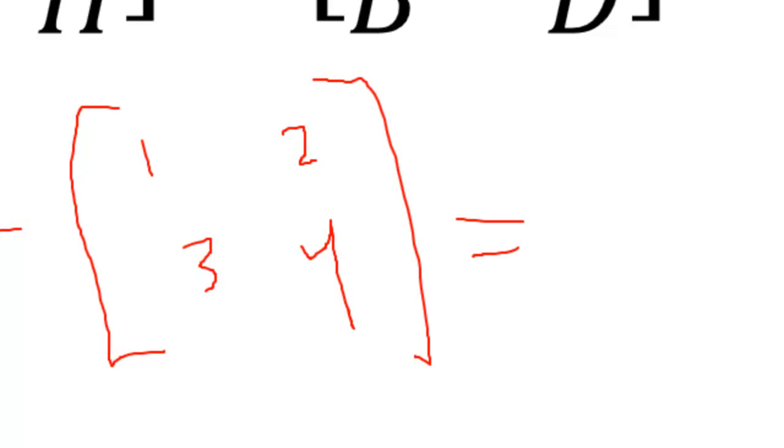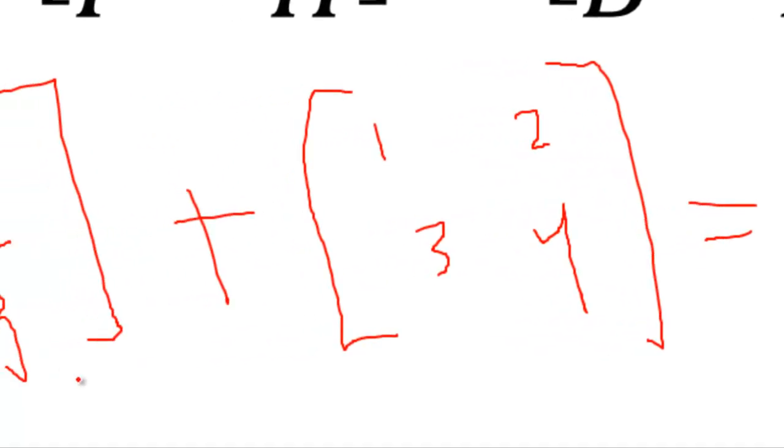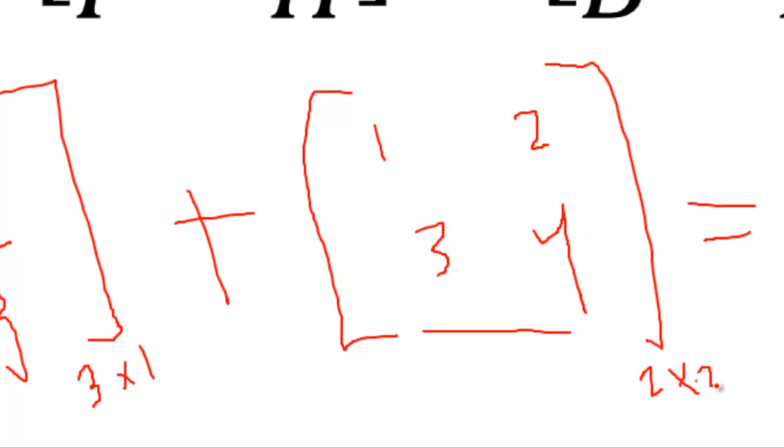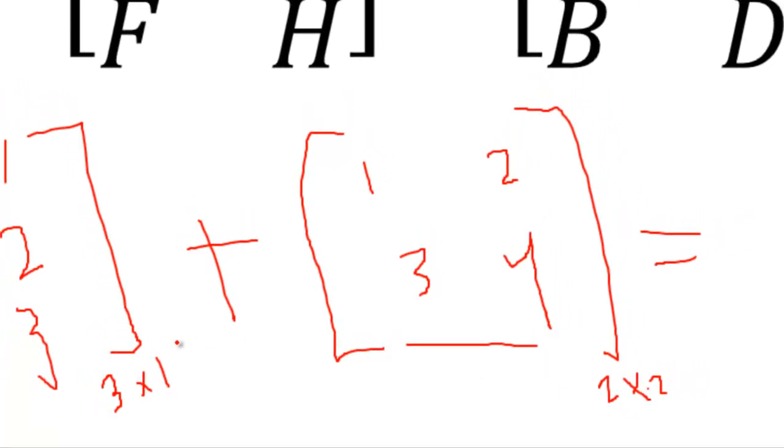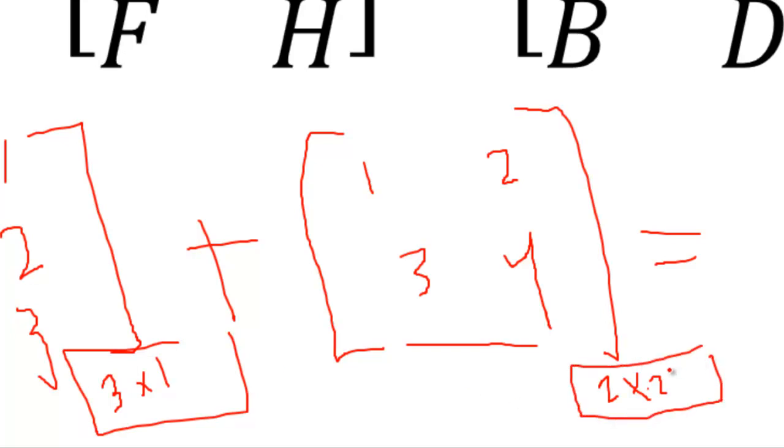The system of the first matrix is how many rows we have, which is 3, and how many columns, which is 1. So 3 times 1. And the system here is 2 times 2, because 2 rows and 2 columns. So the system of the first matrix is 3 times 1 and the second matrix is 2 times 2. So can the addition be done here?